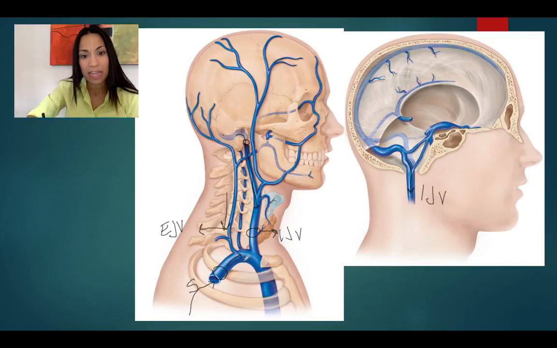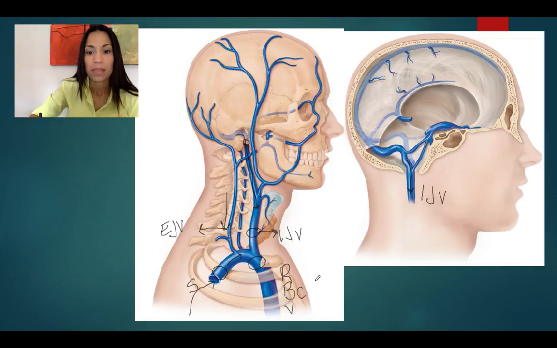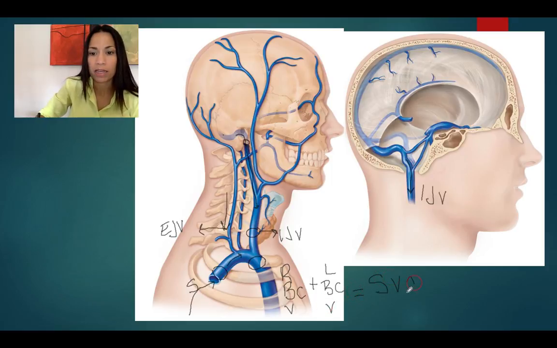The subclavian plus the internal jugular vein merge right here together and form, well, we're on the right side, the right brachiocephalic vein. Same thing is going on in the other side. So the right and left brachiocephalic veins form the superior vena cava that opens into the right atrium.